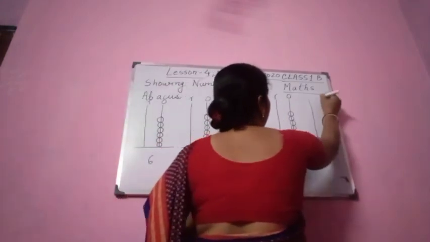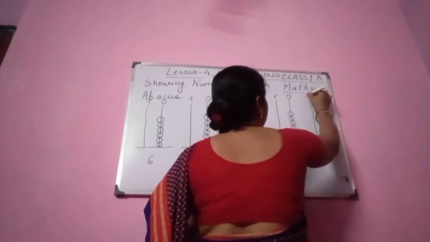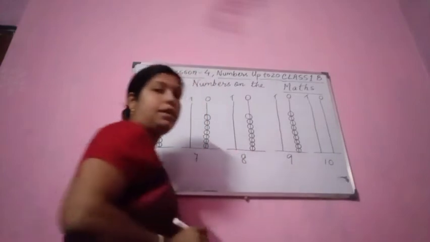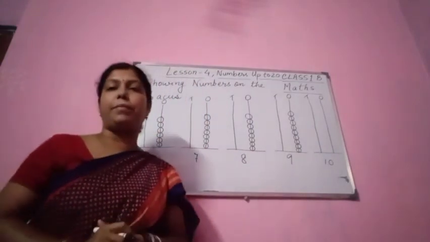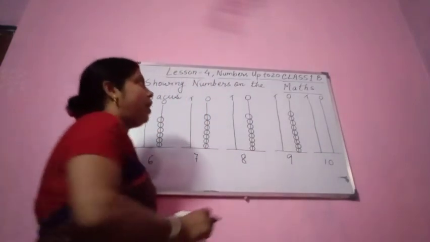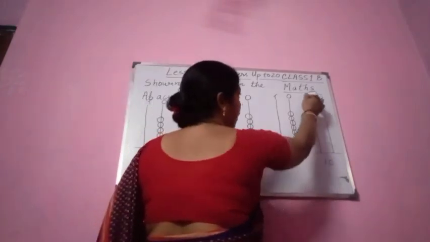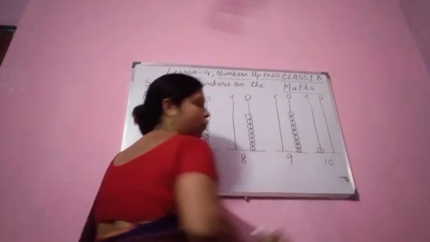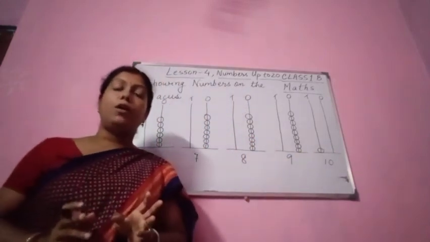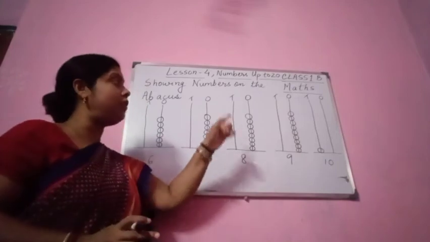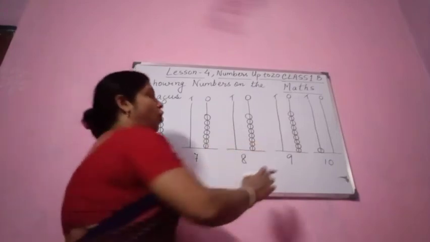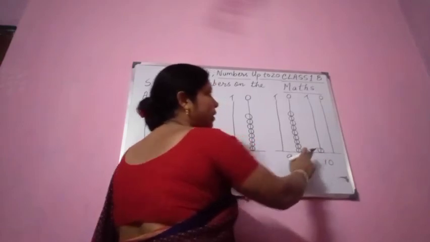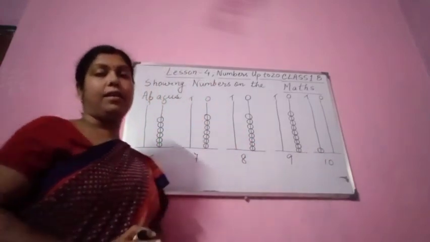Now 10. We are going to draw 10 beads, but where we draw them is very important. We are going to draw in the place of the tens spike, the tens rod. Only one bead we are going to draw in the tens place. You see which is the tens place? This rod, the second spike, is the tens place.